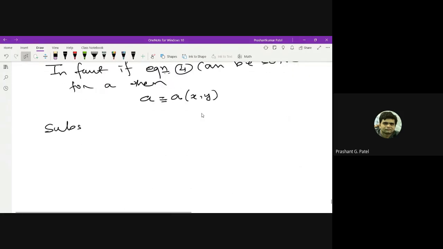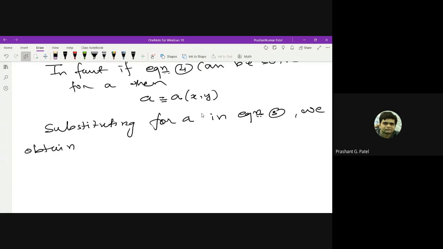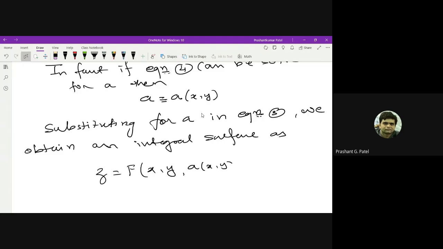So substituting for a in equation 3, we obtain an integral surface: z is equal to f of x, y, a of x, y, and phi of a of x, y. We call this equation number 5.